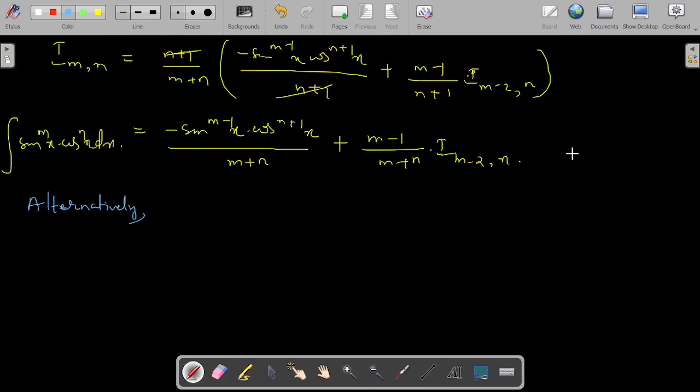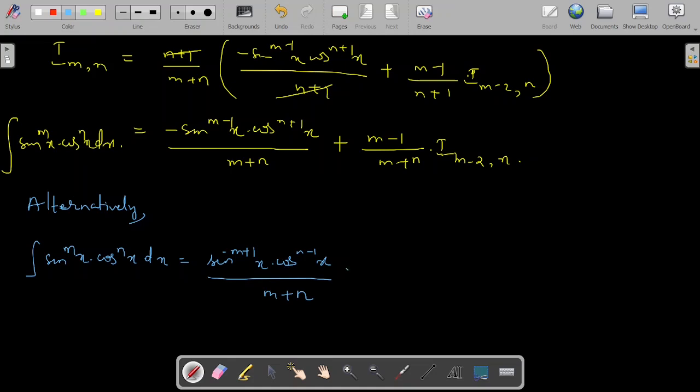Now alternatively, one more way of writing this formula is, integral of sin^m x cos^n x dx, which is equal to sin^(m+1)x cos^(n-1)x divided by (m+n), plus (n-1)/(m+n) into I_{m,n-2}.